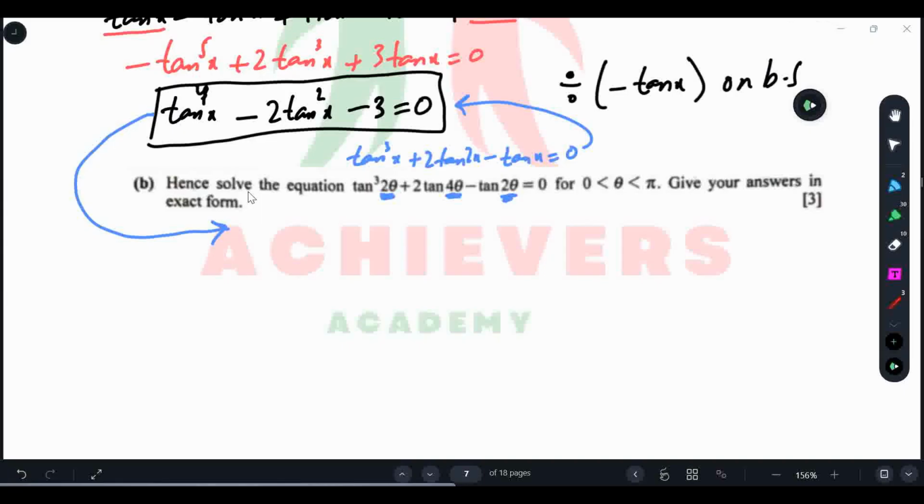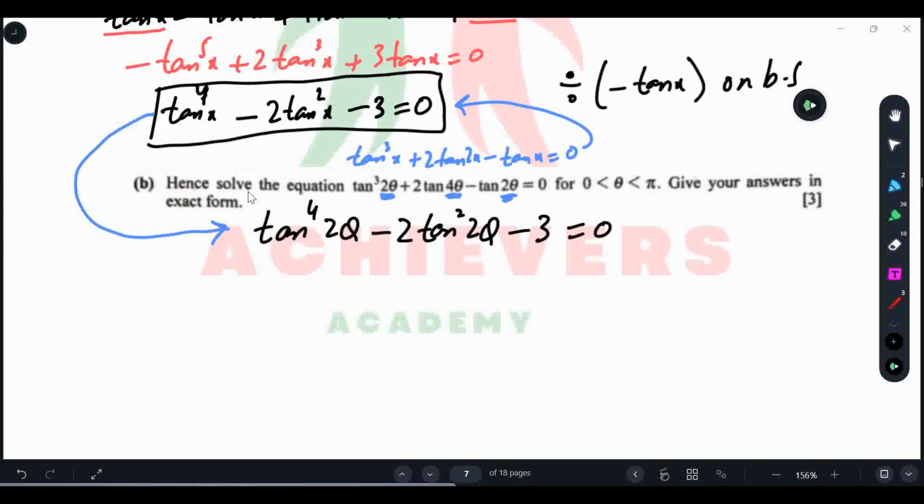So this will now become tan 4 of 2 theta minus 2 tan square of 2 theta minus 3 is equal to 0.